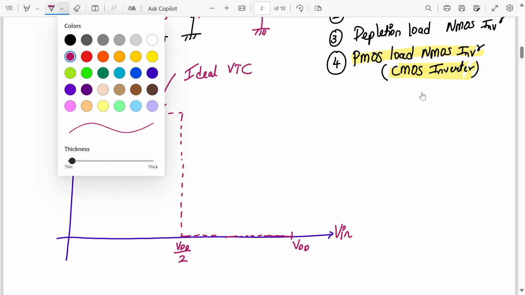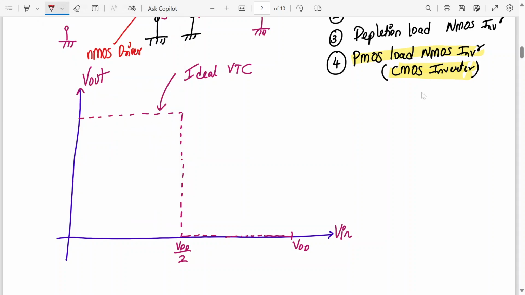Practically, if you want to see this curve, how will it look? It will look like this. The transition from logic 1 to logic 0 is not sharp, it's smooth. And this transition also may not go to 0 instantly. It will take some time.